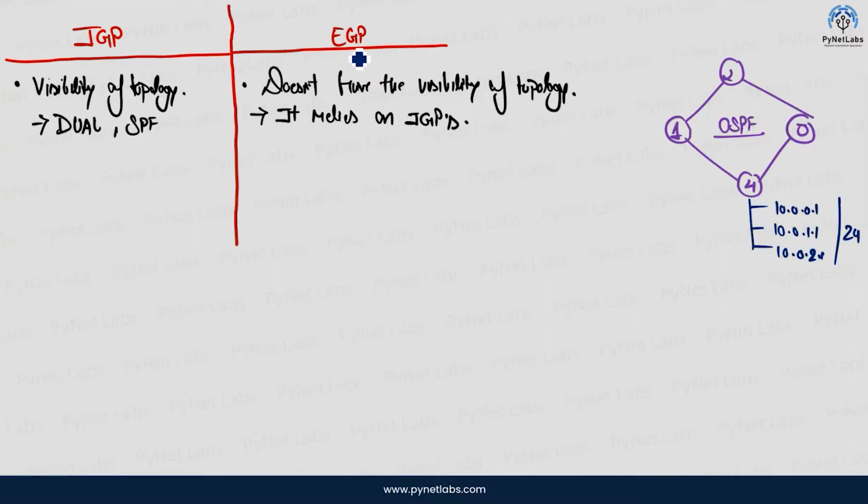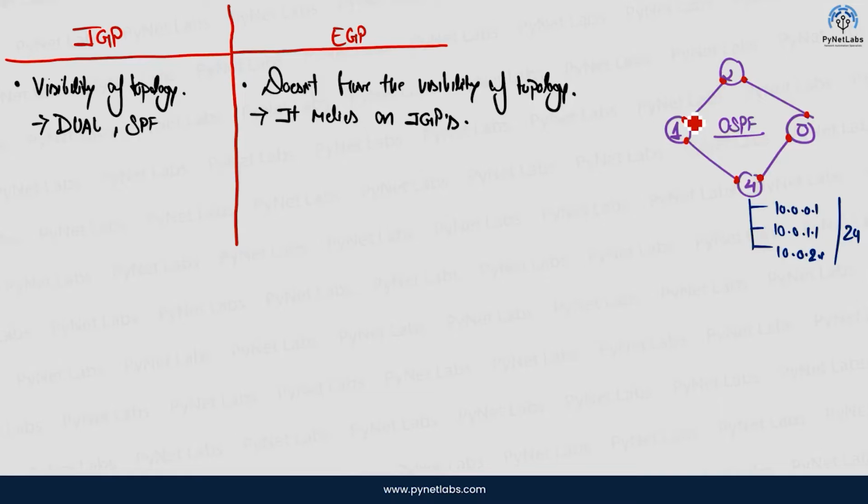But talking about EGP protocols, assuming that this scenario is now configured with another protocol, the BGP protocol. BGP is not a LAN kind of thing. It will always be on the WAN interfaces of the devices. Internally, inside the network, it doesn't care about the LAN segments.